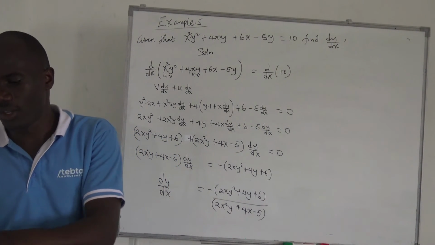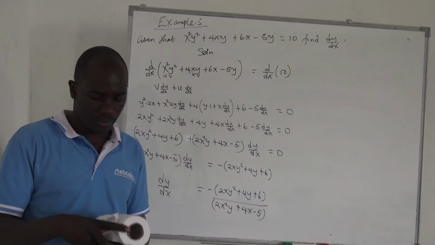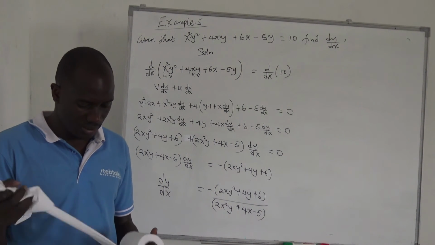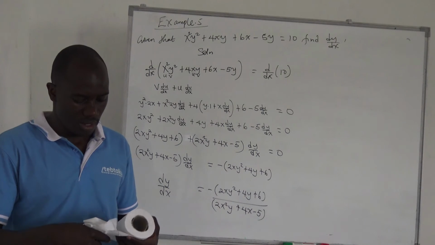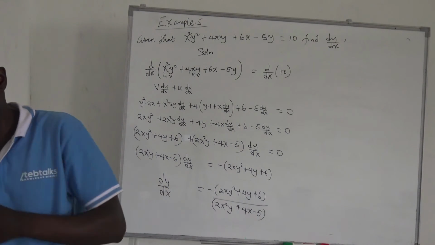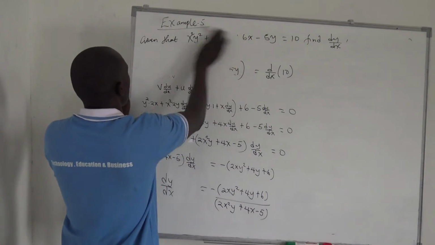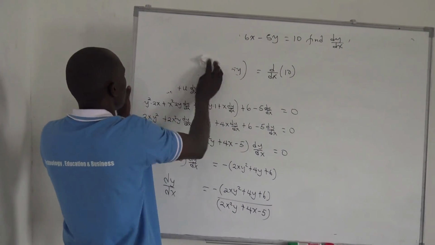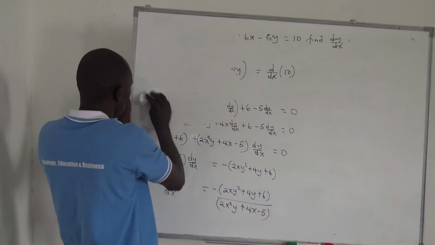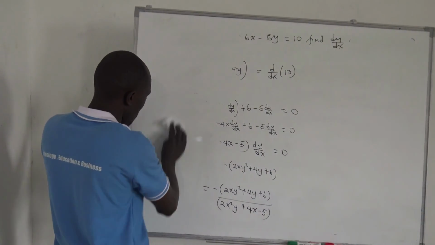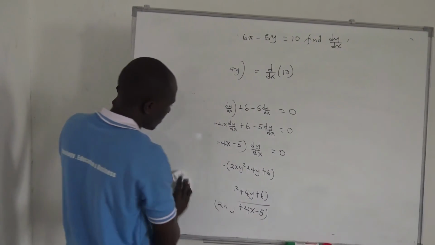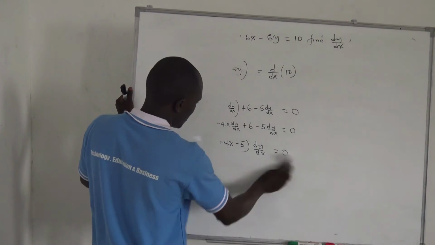So we are now moving to another example, until people have already got the concept. This one is involving parameters, so that people become conversant with these parameters.